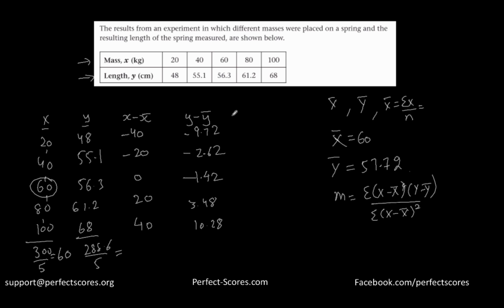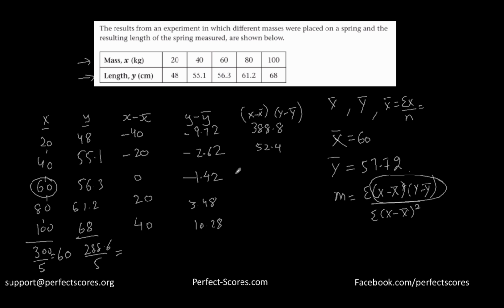Okay, now I have to find x minus x bar into y minus y bar. So I'll multiply x minus x bar and y minus y bar, multiplying this with this. I'm going to multiply 9.72 with 40, so I get 388.8. Then I multiply 2.62 with 20, that is 52.4.